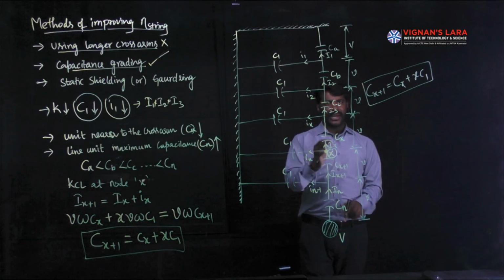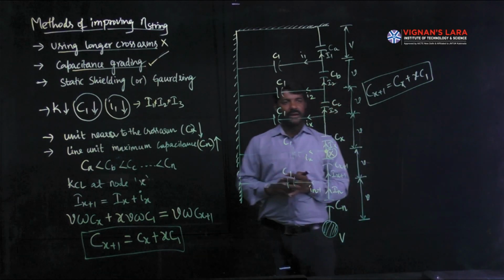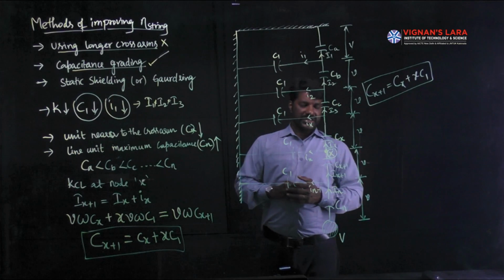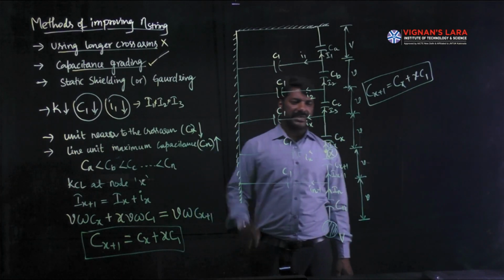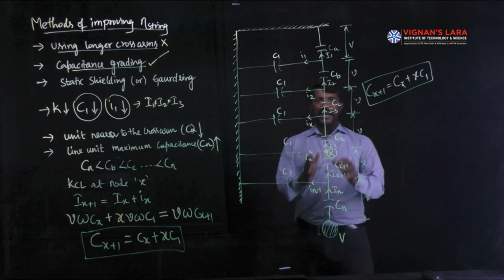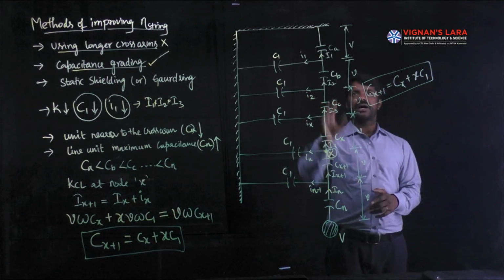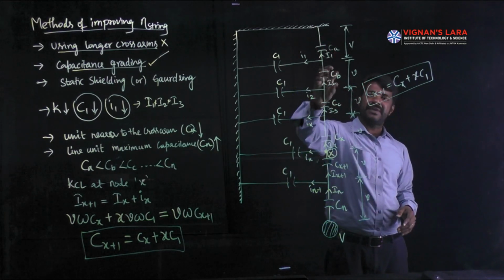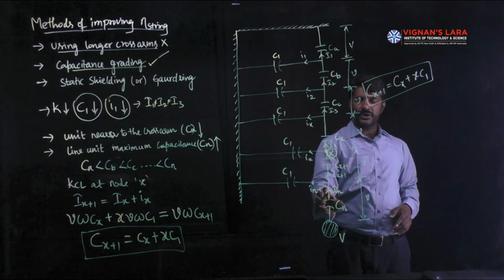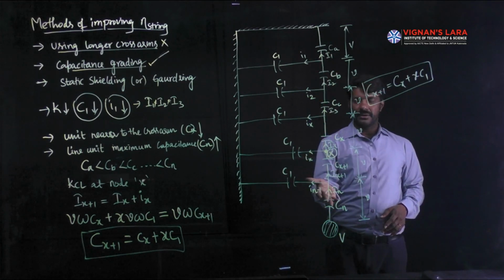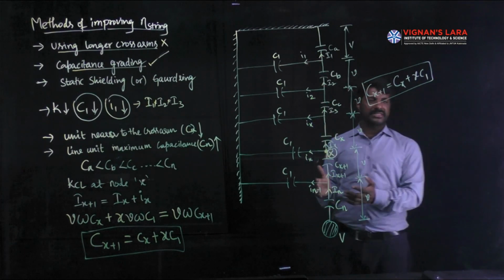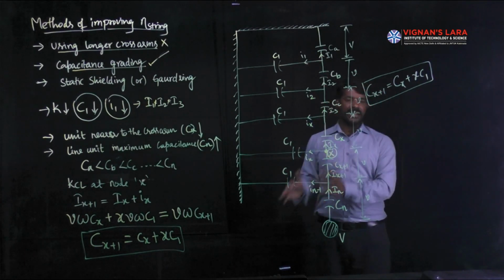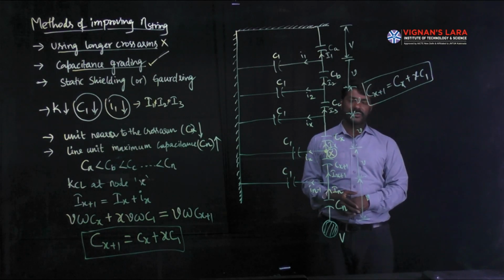We can achieve 100% string efficiency, or we can improve the string efficiency using this method. But the drawback is we have to maintain a stock of units with different capacitance, because we don't know which unit may fail. If they are similar units, maintenance will be easy in a stock.